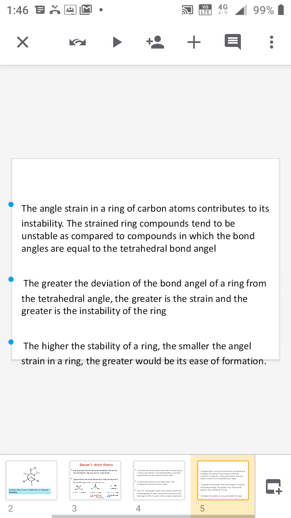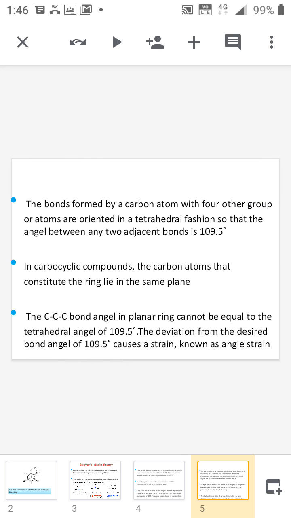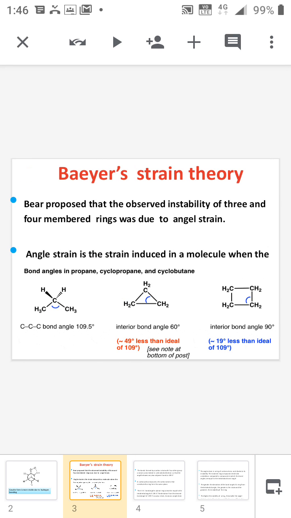And the fourth point, the angle strain in a ring of carbon atoms contributes to its instability, and strained ring compounds tend to be unstable as compared to compounds in which the bond angles are equal to the tetrahedral bond angle.